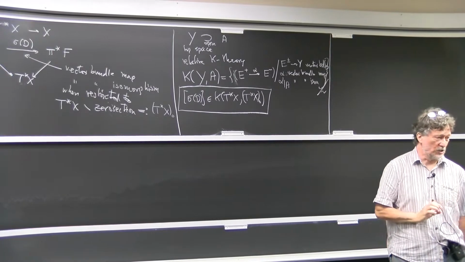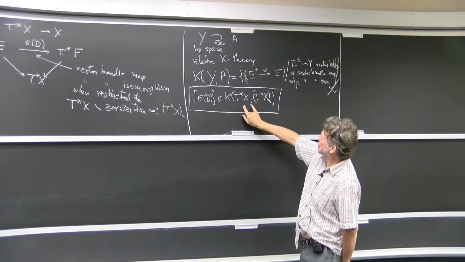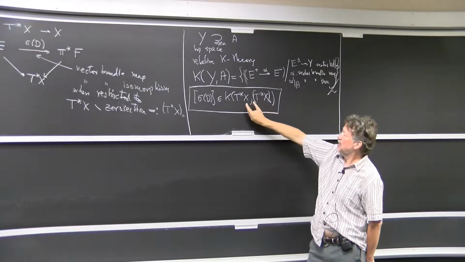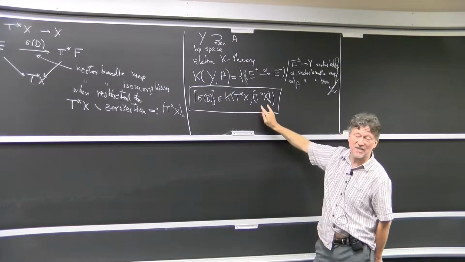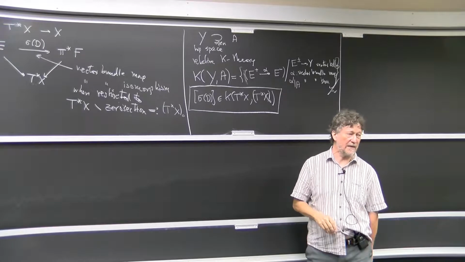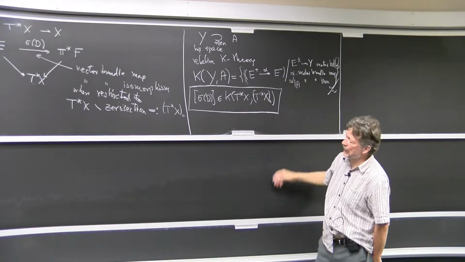So the next thing I want to do is say, for topologists, if you quotient this, not by that, since that would be non-Hausdorff, but you take the disk bundle and you mod out by the sphere bundle, which is homotopy equivalent to this pair, then you get a Thom space. So we're really talking about the K-theory of the Thom space.